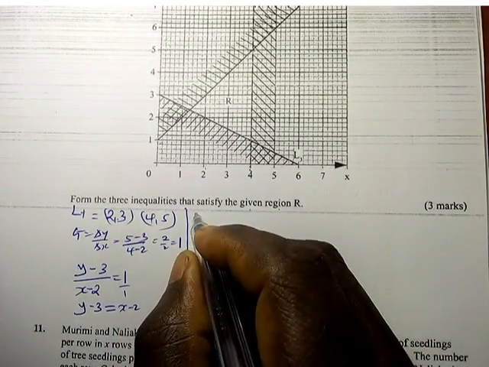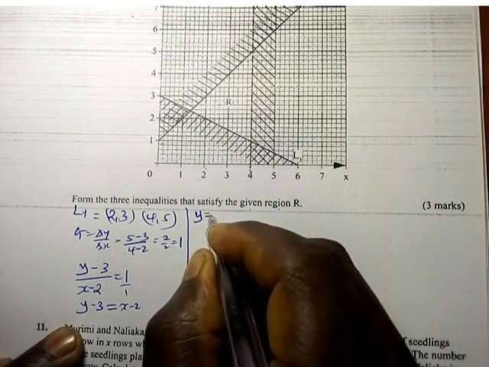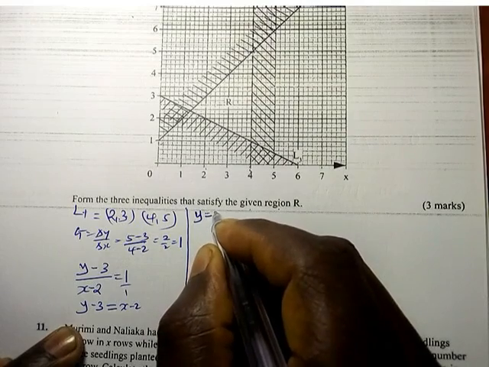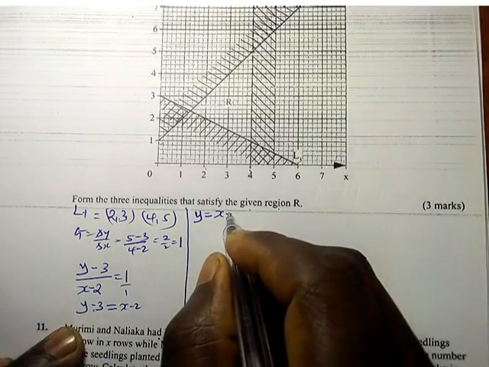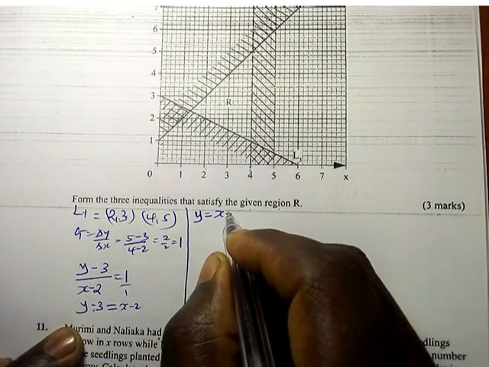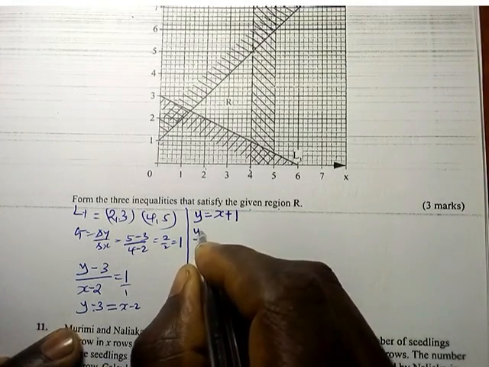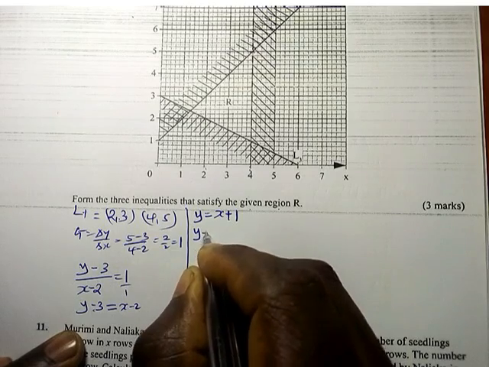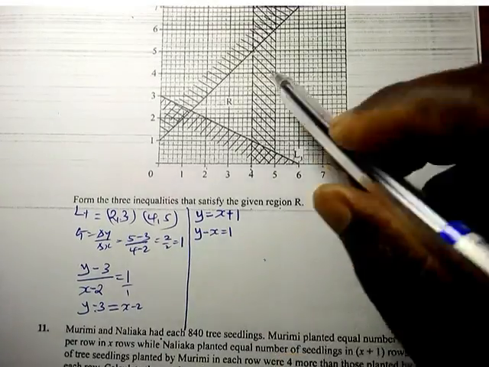So the equation is y equals x, and this coming here will be plus 1. So we can say this is y minus x equals 1. That is the equation of line 1.